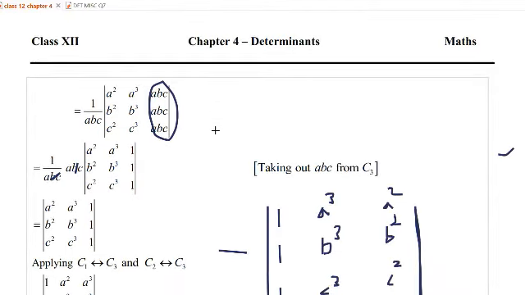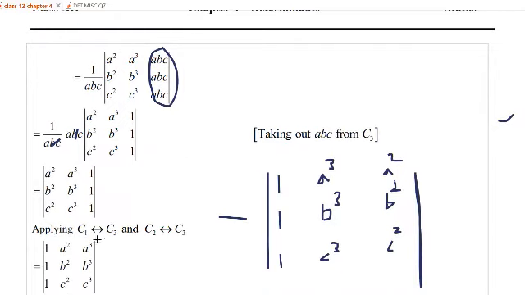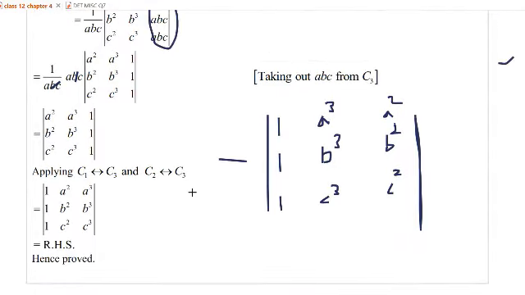So now what we are going to do, first of all, we'll do column 1 interchanged with column 3. It means this column will be written here and this column will be written here, and on interchanging the columns or rows, always the sign of the determinant gets changed.